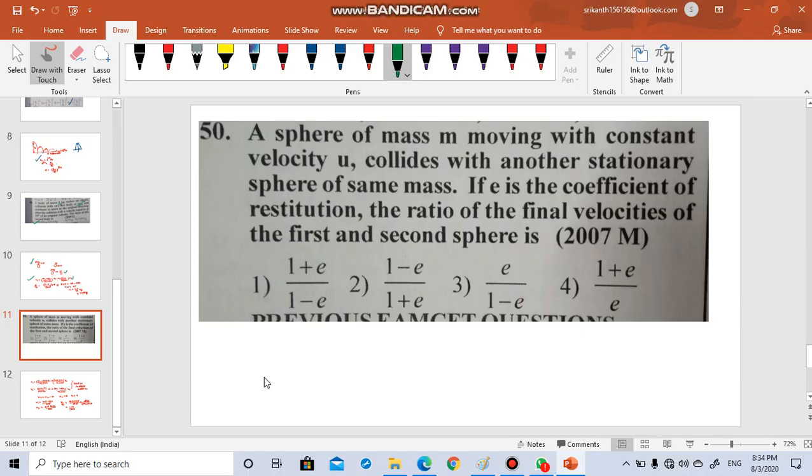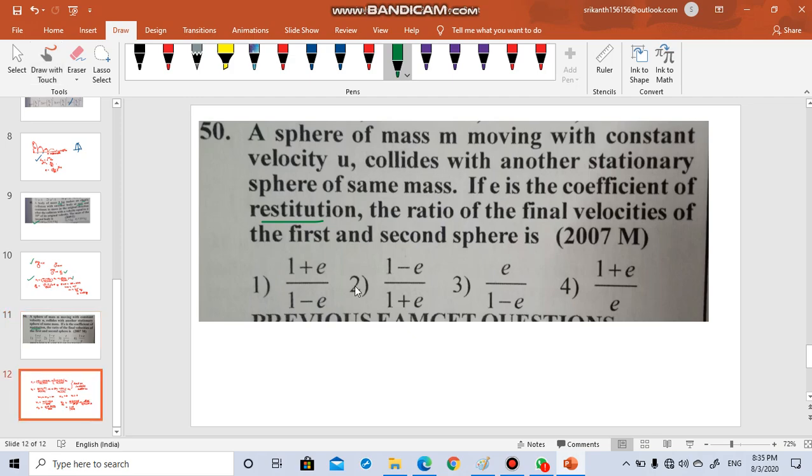A sphere of mass m moving with a constant velocity u collides with another stationary sphere of mass m. Both masses are the same. If e is the coefficient of restitution, the ratio of final velocities of the first and second sphere is? Students, whenever e is given in the question, it means it is an inelastic collision.